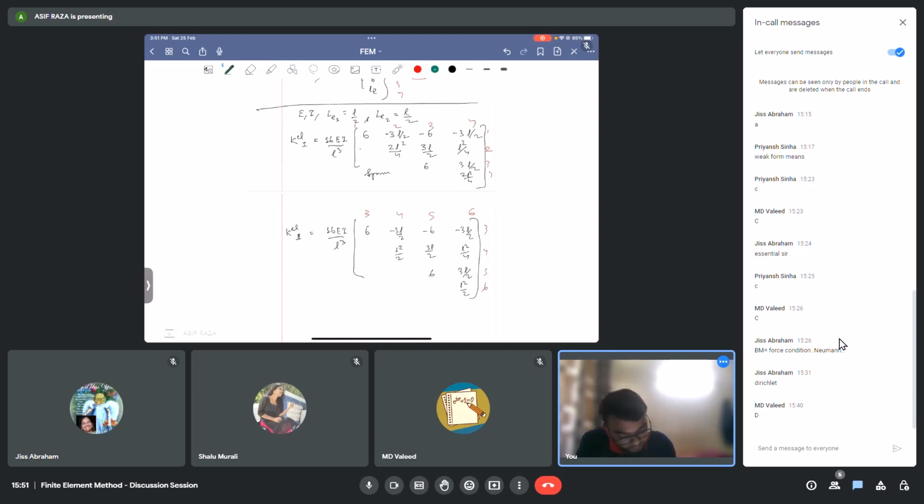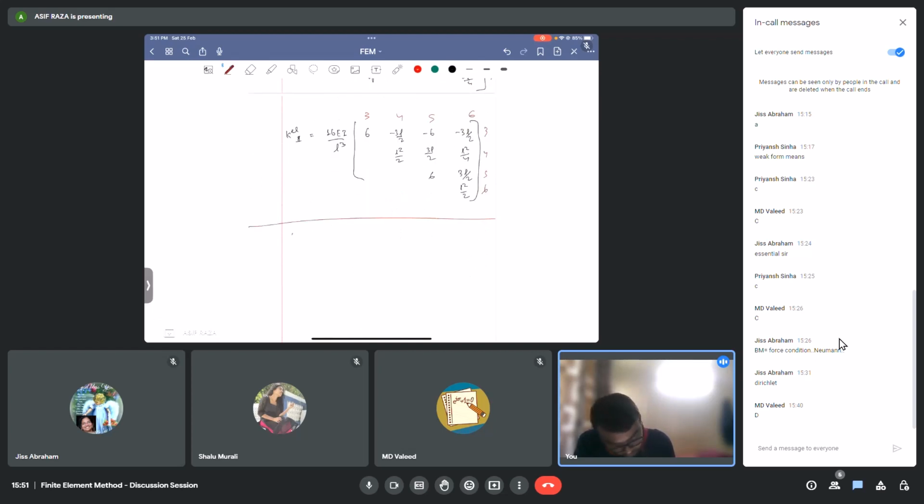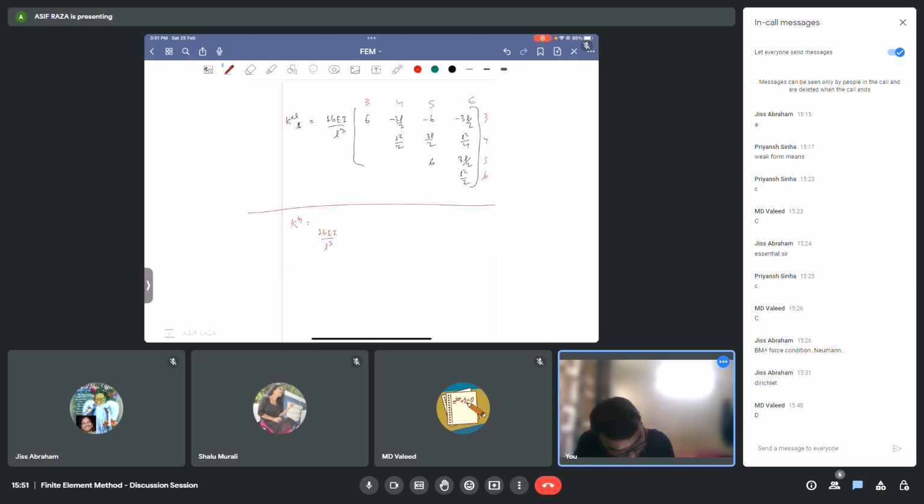So when we write the global stiffness matrix KG, it will come out to be, if I write it like this, 16 EI by L cubed, with rows and columns 1, 2, 3, 4, 5, 6.